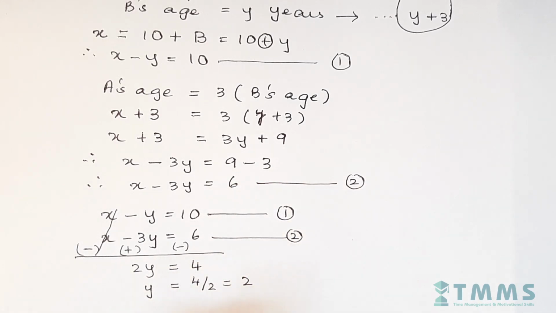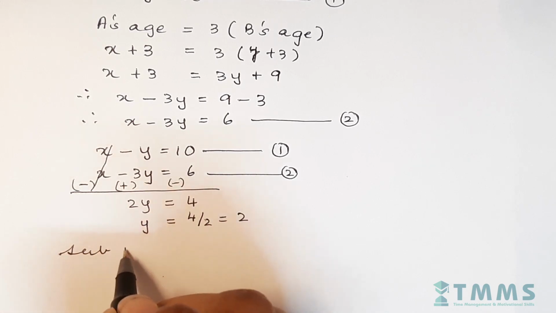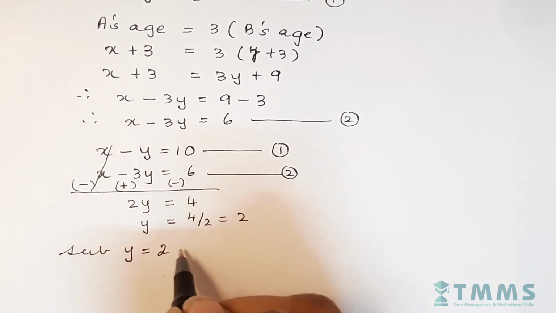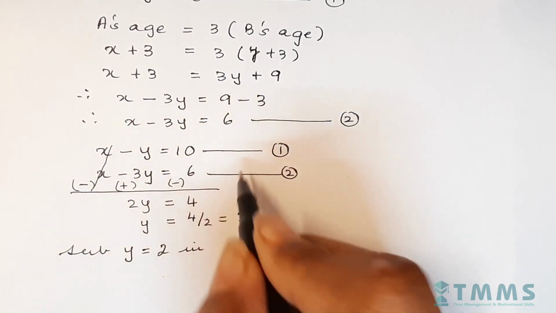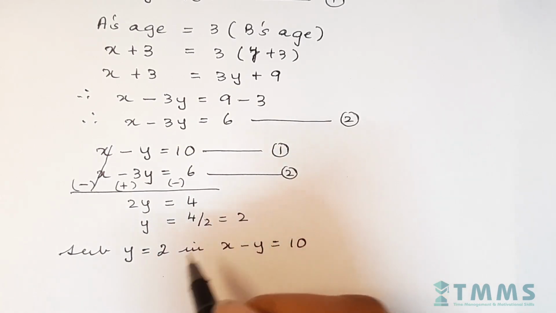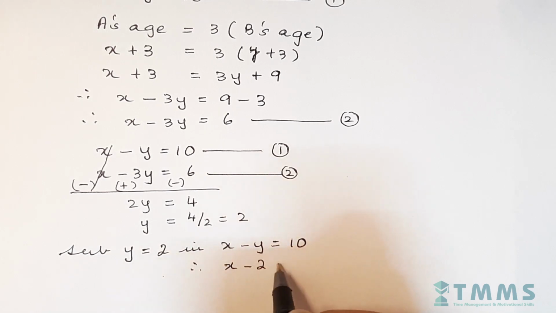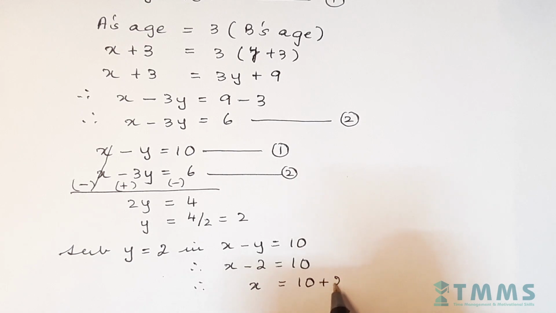Now what will we do? We will now substitute. So substitute Y equal to 2 in our first equation, that is X minus Y equal to 10. That gives us therefore X minus 2 is equal to 10 because we have substituted 2 for Y. Therefore X will be equal to 10 plus 2, which is 12.